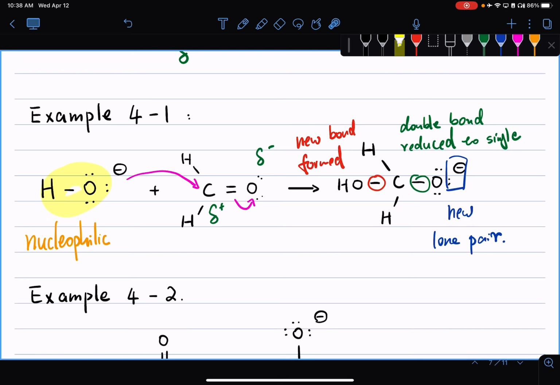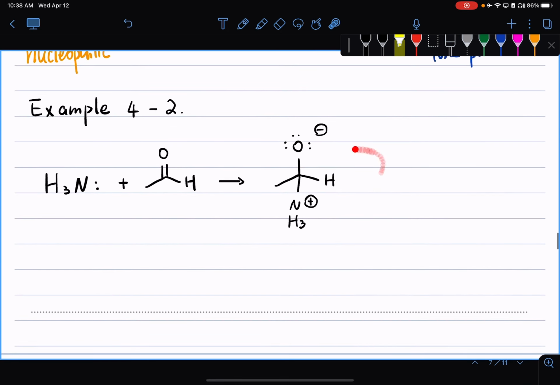Let's do one more example. This one, I'm just going to leave it here, so you can work on it a little bit before I show you the answer. And again, we can look at what they are. Here, between the nitrogen and the carbonyl carbon, this CO double bond is a carbonyl functional group. So this is the new bond that's formed. And then the CO double bond is being reduced.